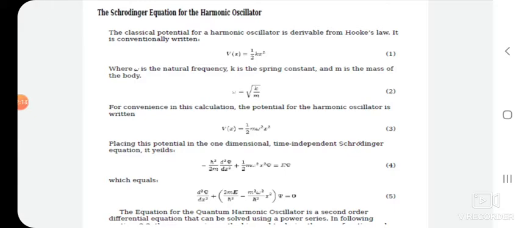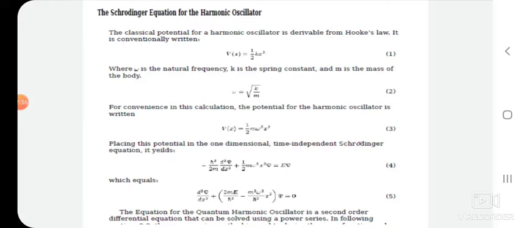If we rewrite this equation and square, omega square is equal to k by m, or k is equal to m omega square.